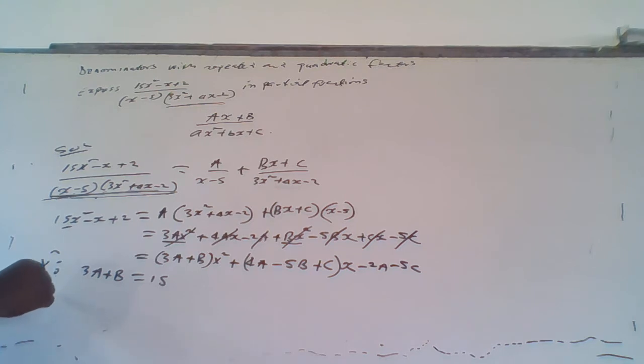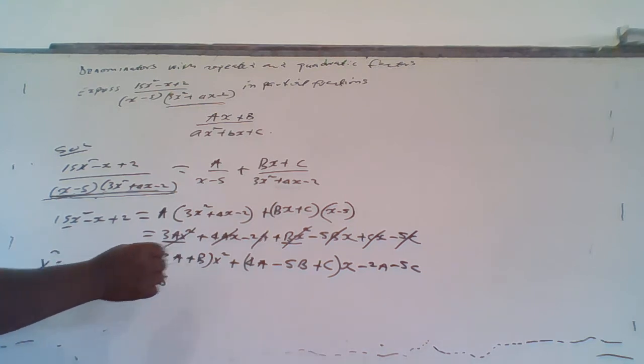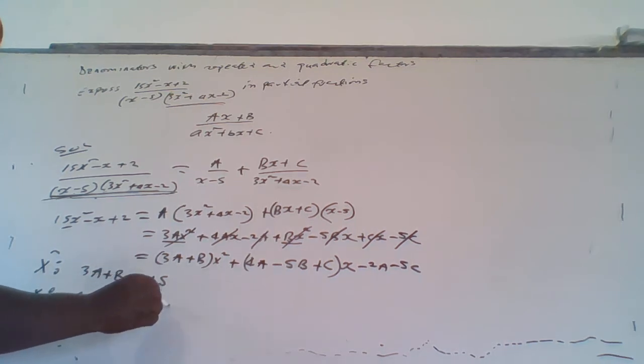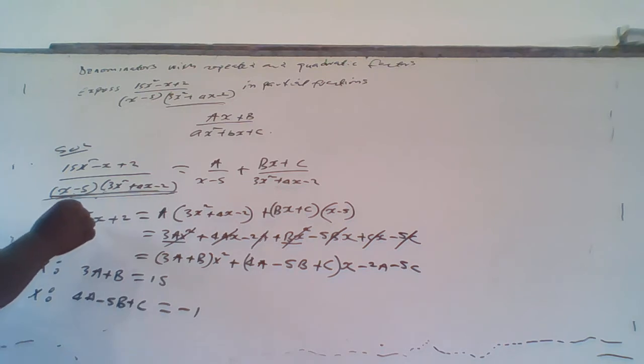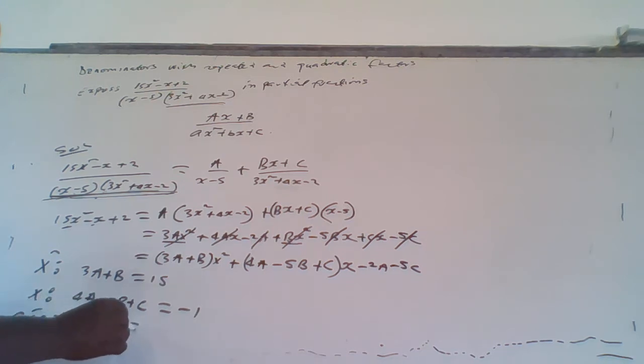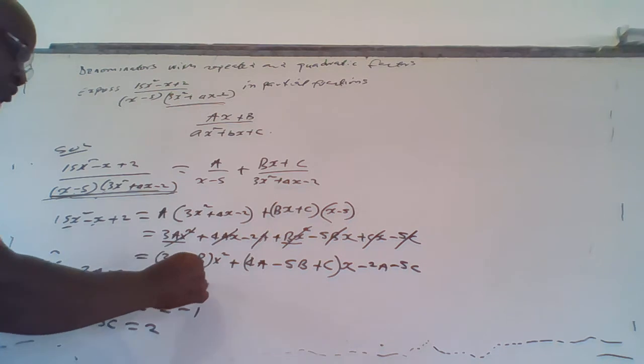Then those that are x: 4a minus 5b plus c equals negative 1. Then lastly, the constant terms, we have 2 minus 2a minus 5c equals positive 2.